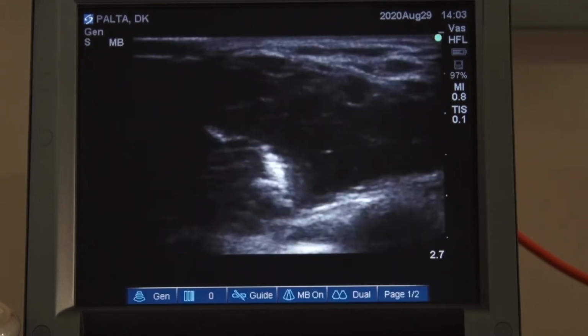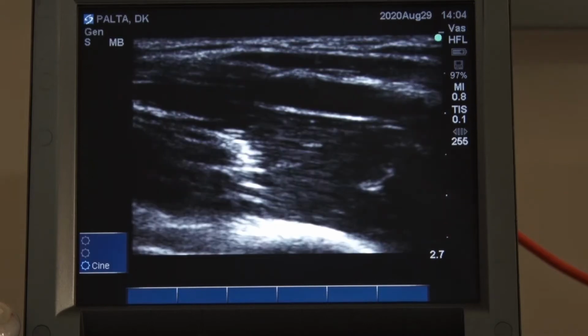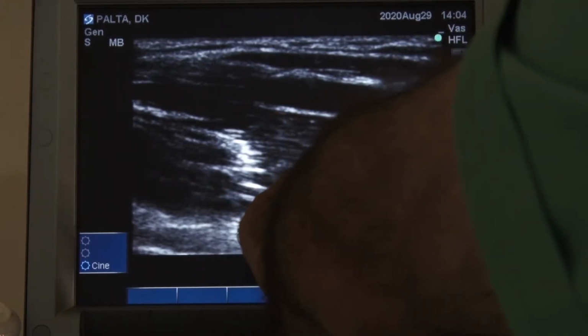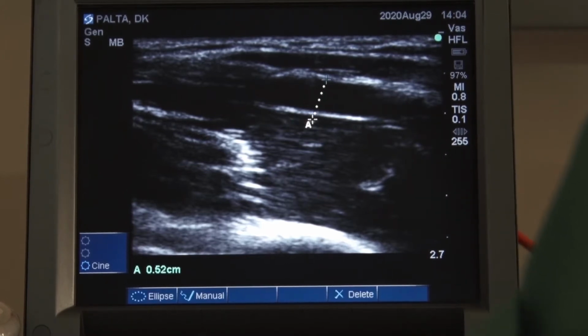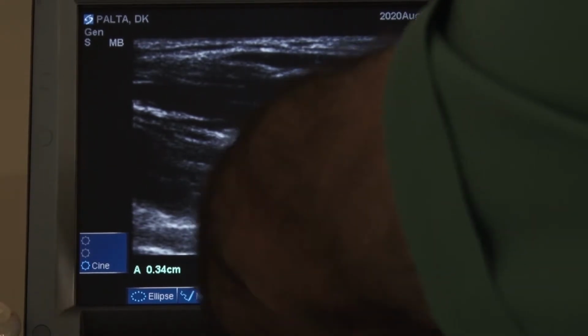Then we'll take the caliber and look at the walls. We can see if there is calcification, the compressibility, and what the diameter is. So we'll take the diameter. The diameter of the brachial artery is 3.4 mm with a good triphasic flow and nice walls.